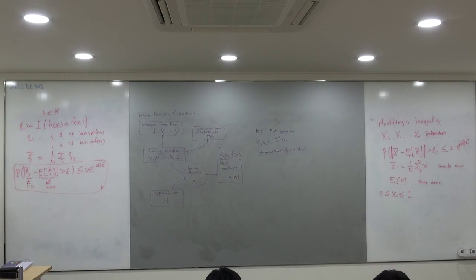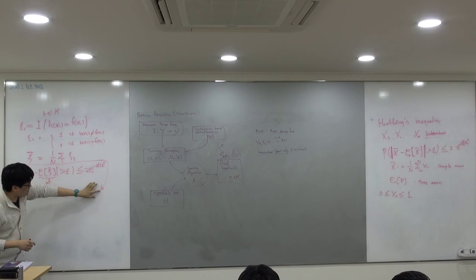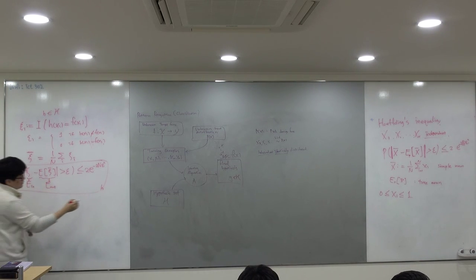So what you can do from here is write down the same inequality for every hypothesis. So this is for hypothesis 1.